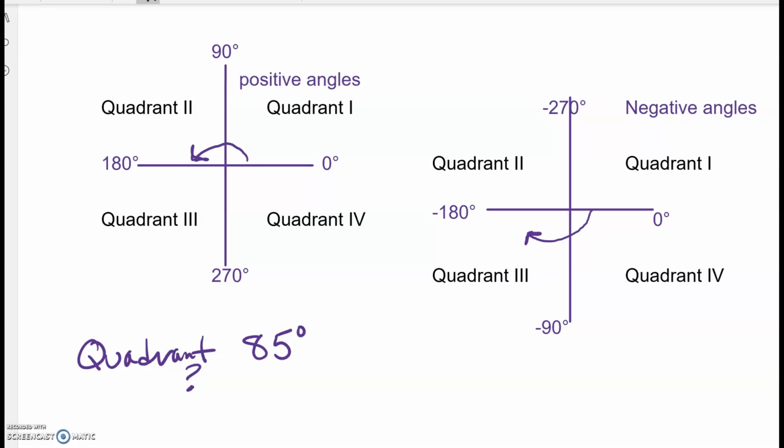Well, let's think. Let's go up here. 85 degrees is less than 90. So 85 degrees would be in the first quadrant. So you would answer capital I, quadrant 1.